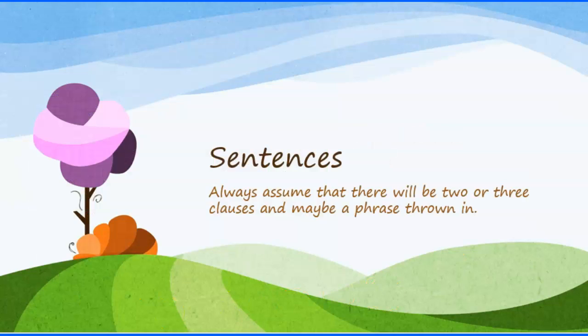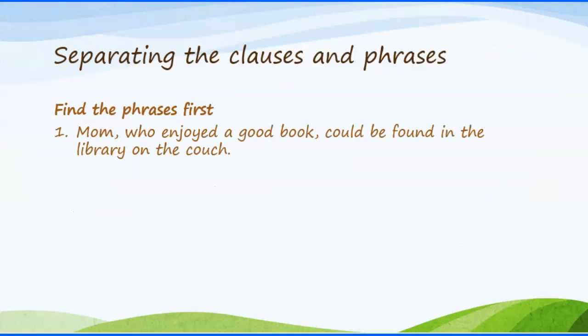Now, when we have our sentences, we are going to always assume at this point that there will be 2 or 3 clauses, or perhaps 2 clauses and a phrase thrown in, and you have got to learn how to recognize them. And I know some of you have been having difficulty with this, so we want to practice on this. Separating the clauses first, or the clauses and phrases, will help tremendously.